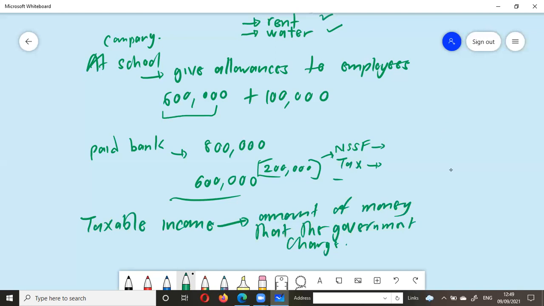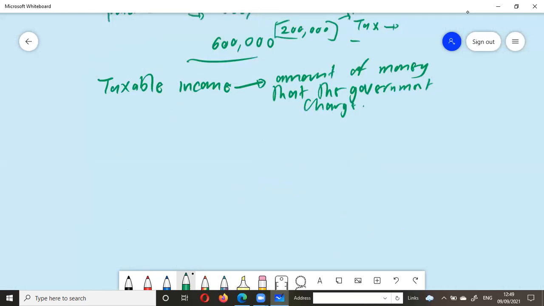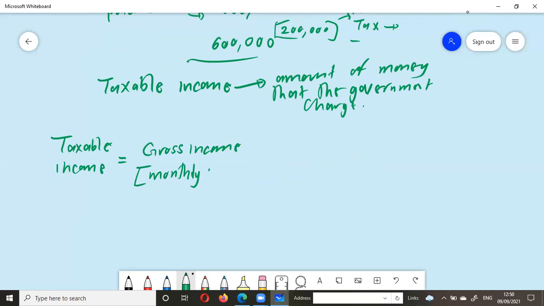I will say taxable income is therefore the gross income or monthly income, depending on what you have, minus the total allowances.